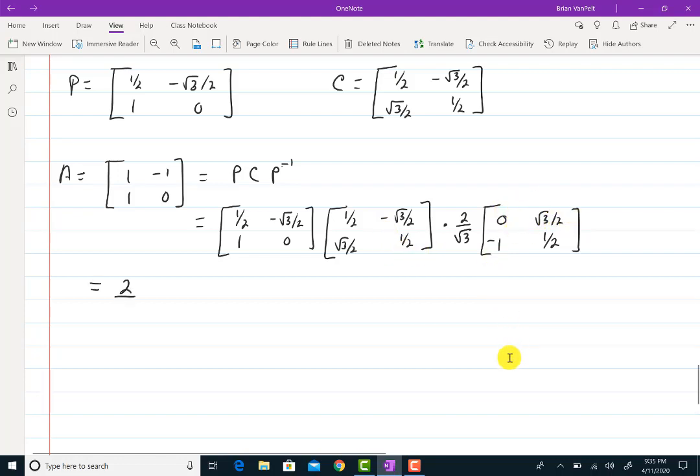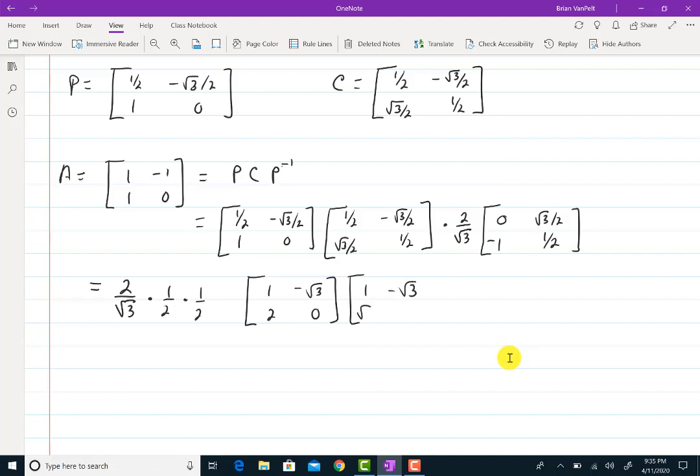So with that in mind, if I take a 1/2 from the first matrix, I'll be left with 1, negative radical 3, 2, 0. Then if I take a 1/2 from the second matrix, I'll get 1, negative radical 3, radical 3, 1. And then from the third matrix, I'll get 0, radical 3, negative 2, and 1. So let's multiply it all out. Meantime, I'll cancel a little bit here.